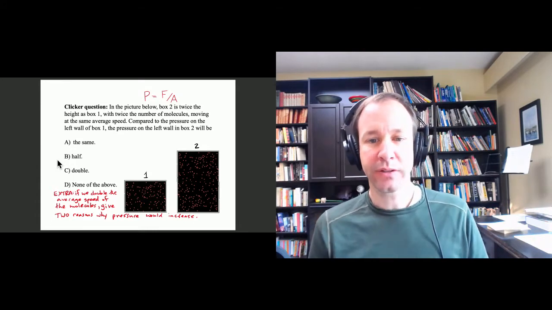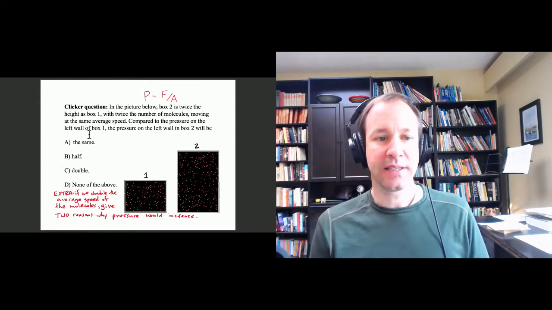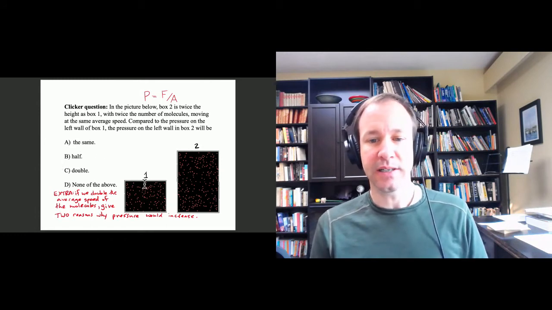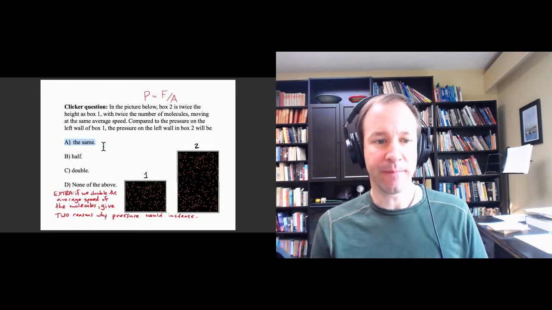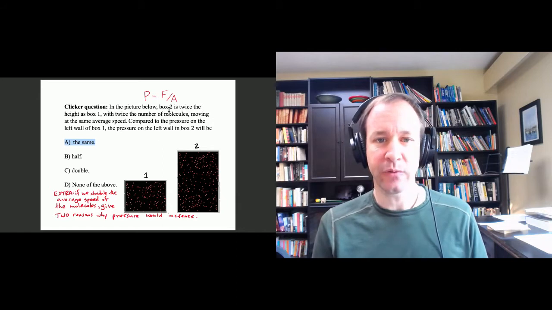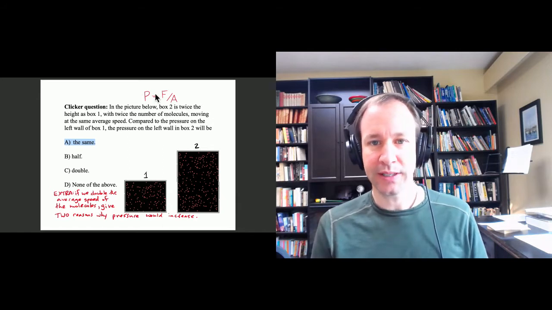Okay, so the first question is our multiple choice question here. And there are various ways to see that the answer is A, that the pressure should actually be the same. So the first way we can understand that would be, say, using this formula, that pressure is the force on the left wall divided by the area of the left wall.